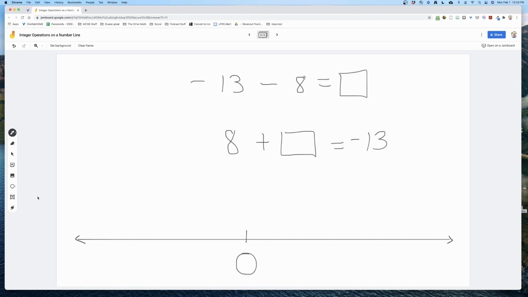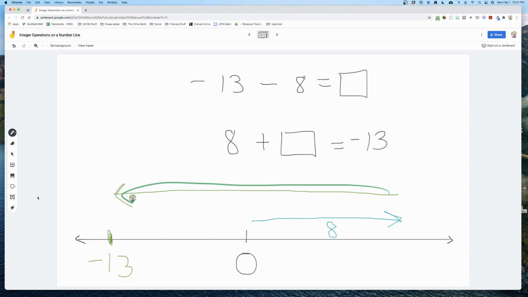Our first change is a +8 right there. We don't know what our second change is, but we definitely know we end up at negative 13. So we're going to decompose this second change: it's 8 to the left and 13 to the left.